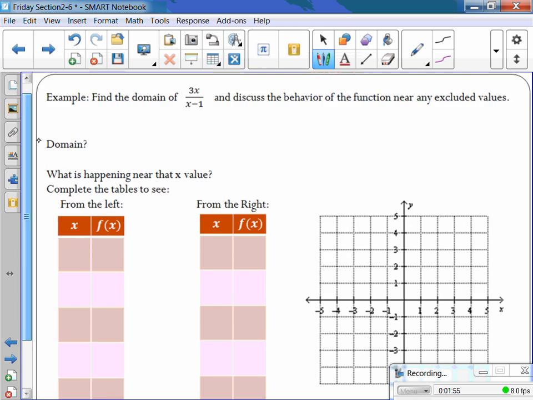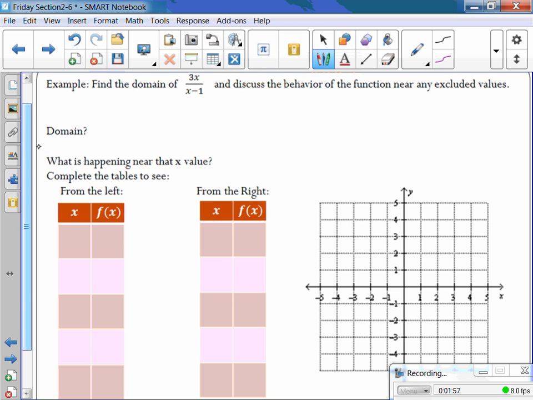Take a look at this. Here we want to find the domain. That's 3x over x minus 1. And discuss any behavior of the function near the excluded values. So first of all, what is the domain? Absolutely, because when x is equal to 1, we're dividing by 0.